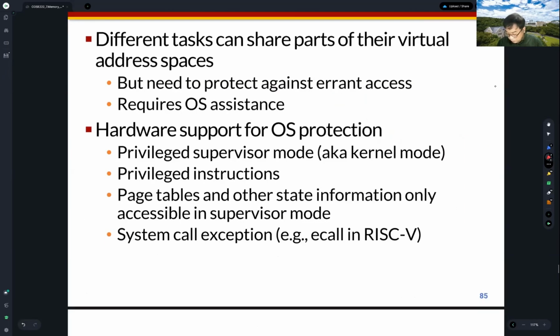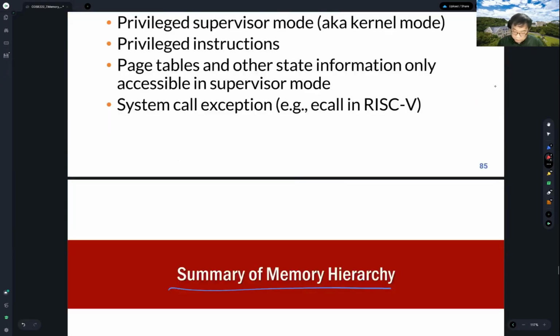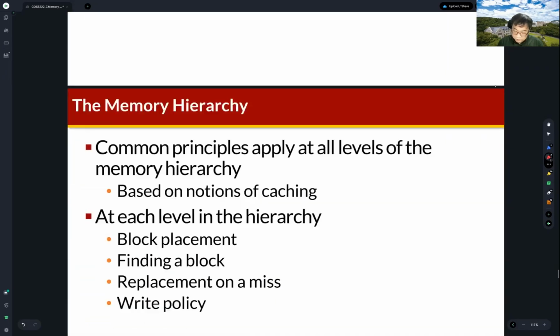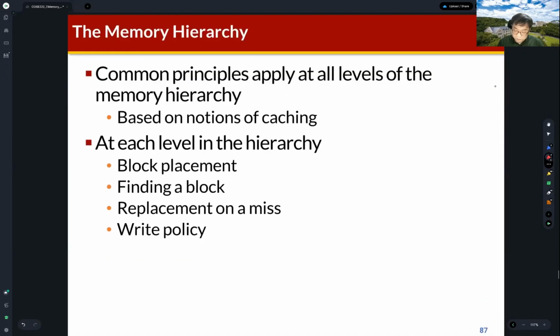I hope you can understand this virtual memory concept. This is the end of chapter 5. Chapter 5 is a very important chapter of this course, because the memory hierarchy and the memory system are critical for the performance of the entire computer system.